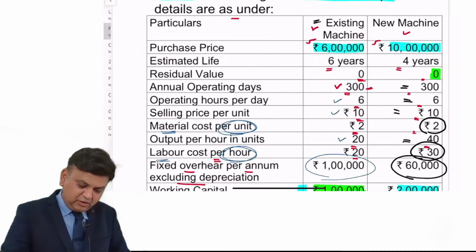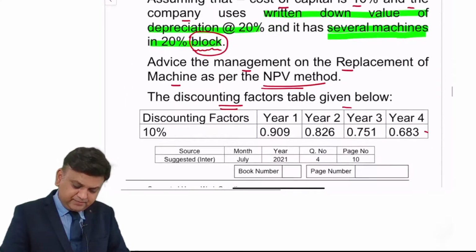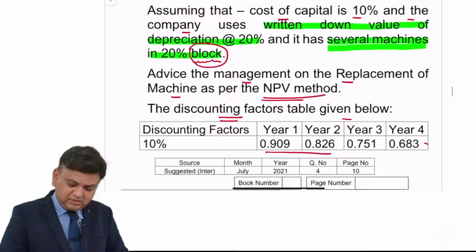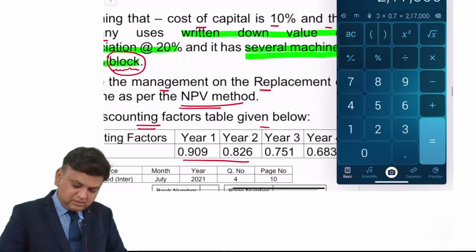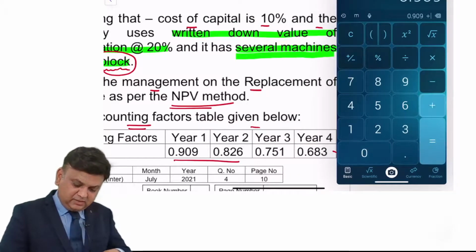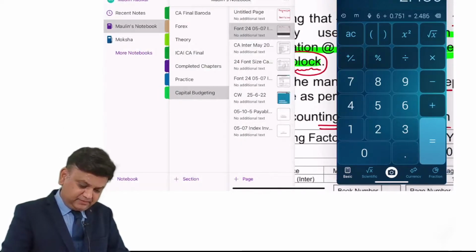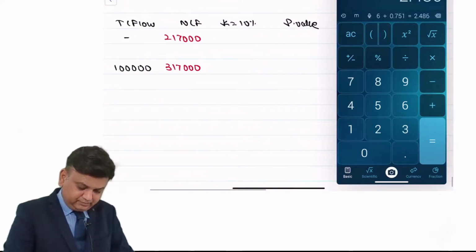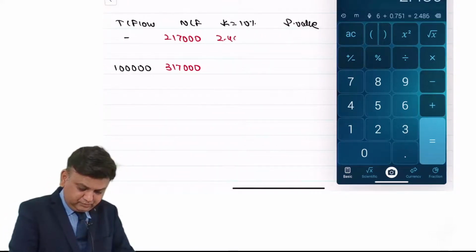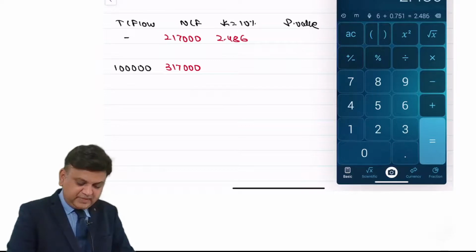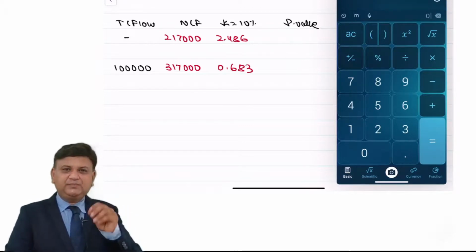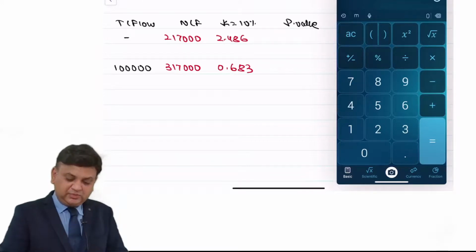Discounting for the first 3 years: 909, 826, 751. So 2.486. Last year it is 0.683. I request you to keep some patience. I'll explain you logically all the points.